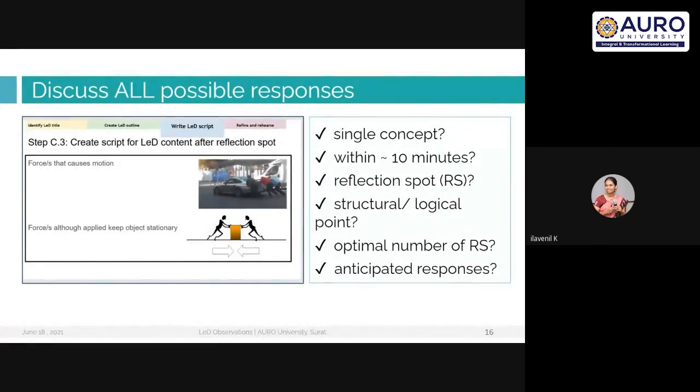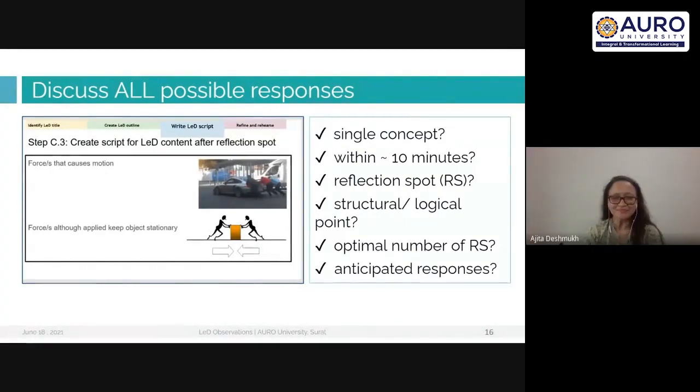And I think even in these two pictures, they have brought out the concept of opposing forces and all that, which you have taken up after this reflection spot. And basically, it's not even an image; it's a GIF.